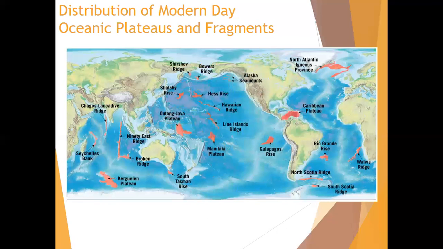The Galapagos Rise. A couple different plateaus are here. The Hawaiian Ridge, the Caribbean Plateau, the North Atlantic Igneous Province. Lots of different structures that may become part of what we think of as real continents in the future.